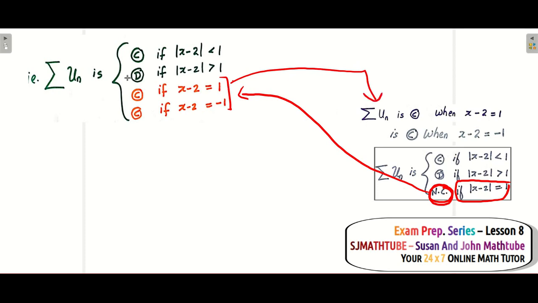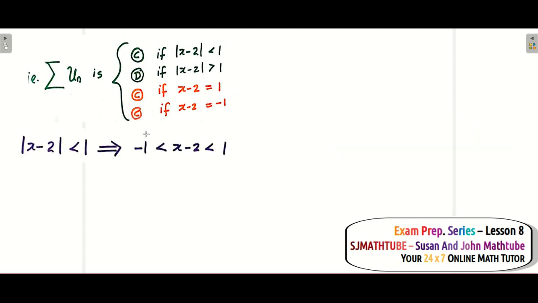So I told you I'm not interested in this, but I'm interested here and here and here because they all talk about convergence. Now I told you before, mod x less than k implies minus k less than x less than k.